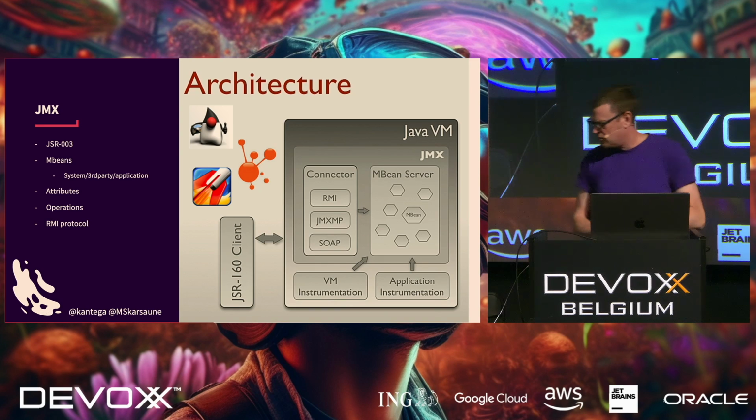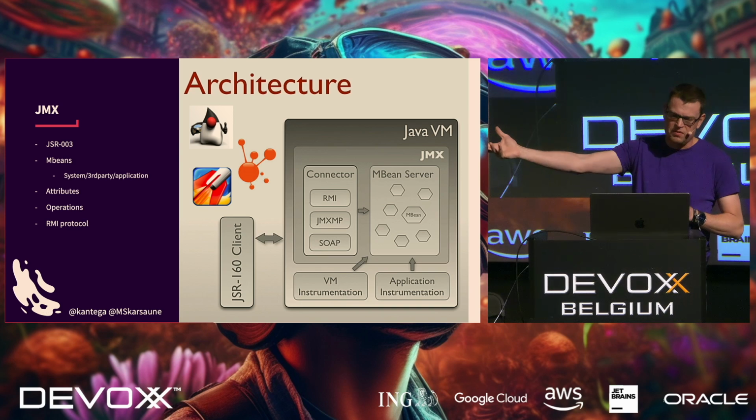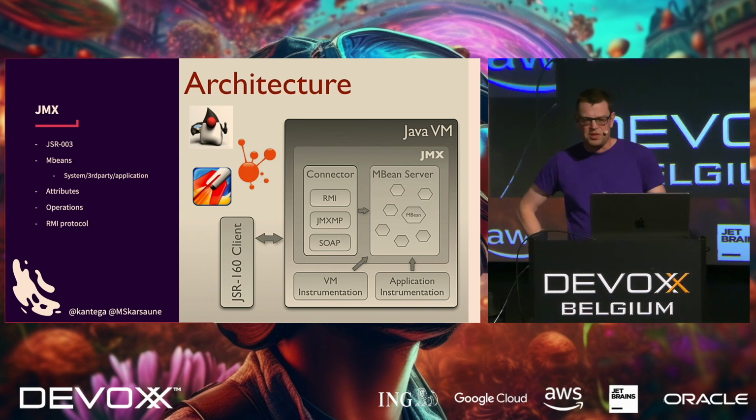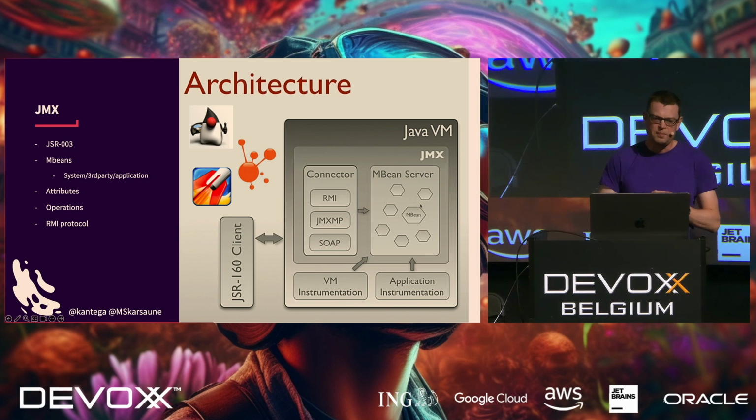So let's see a bit on how this all works. The interaction you see between Mission Control and the Java virtual machines is based on JMX, which is a subsystem in Java. It's really old. It's JSR 003.